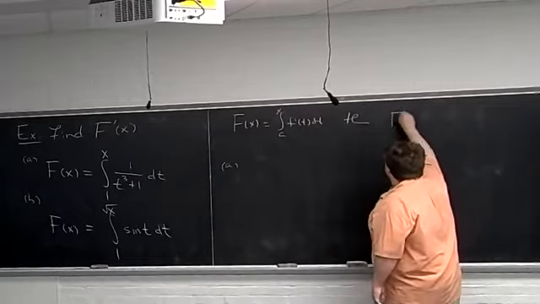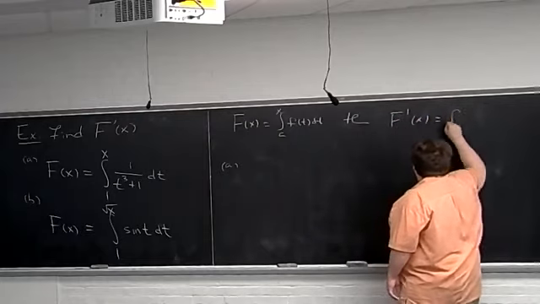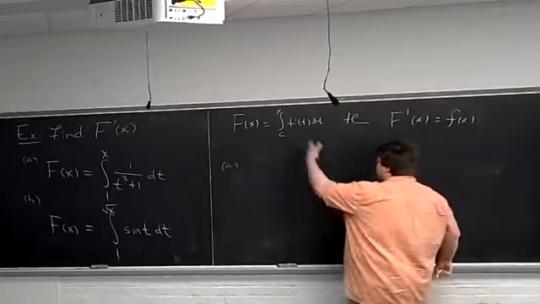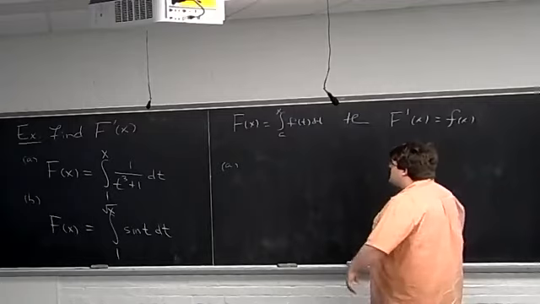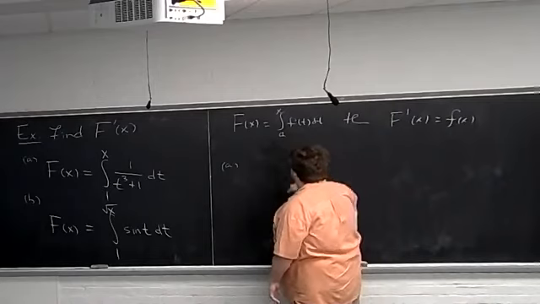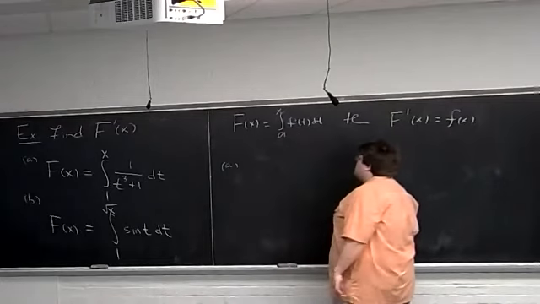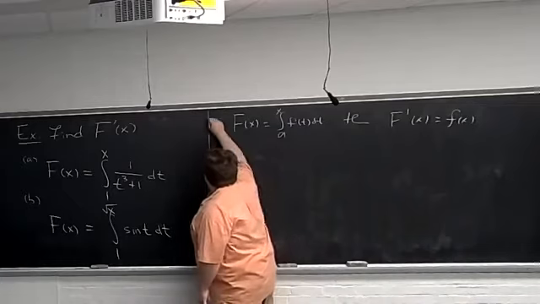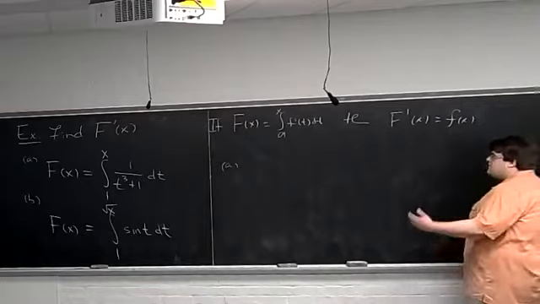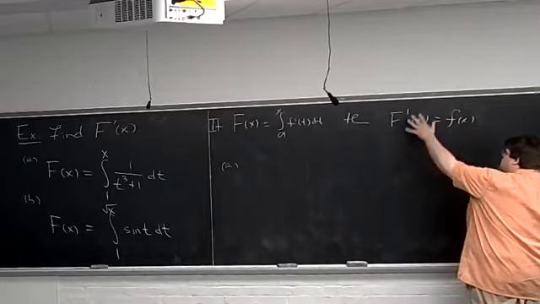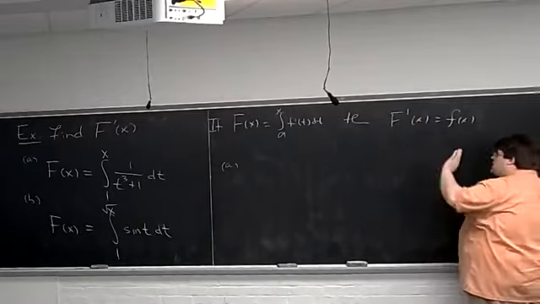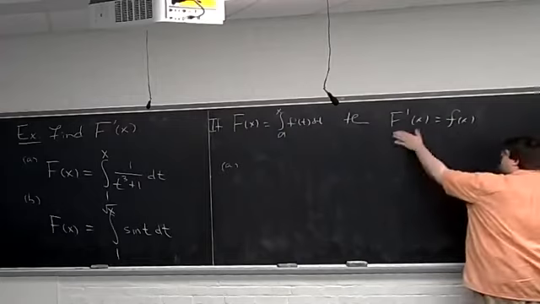The first part says, and you don't have to rewrite this, you wrote it in your notes already, we have an integral from a constant to x. One other thing the first part says is we can take a derivative of this function. We have another derivative rule here. If that is our setup, then we can find its derivative.